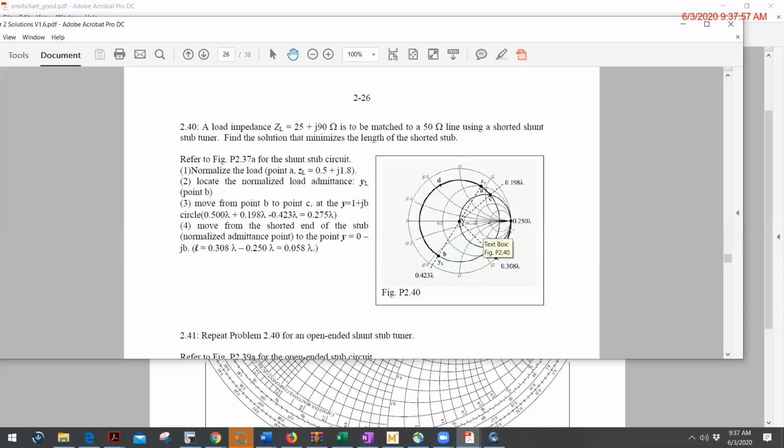It means if I'm up here and I land here and I have 1 plus jB, the shortest stub would be one where I would want to short it and just move a small distance. Here, the value you see is 1 plus j, what is it? I can't even tell you right now.